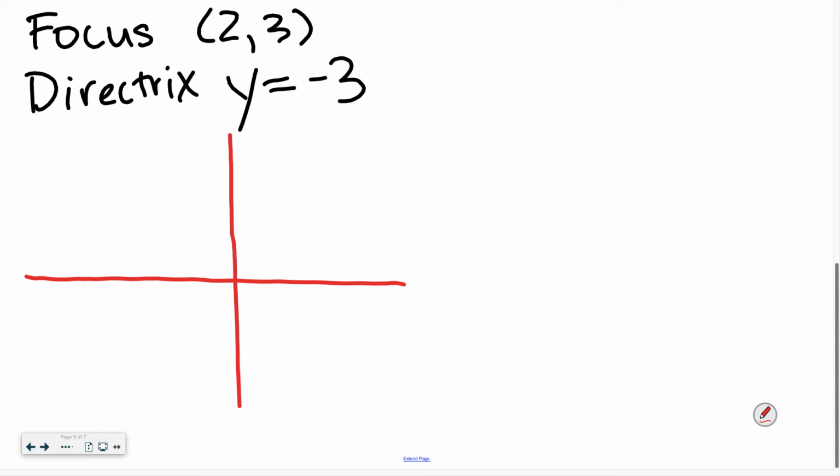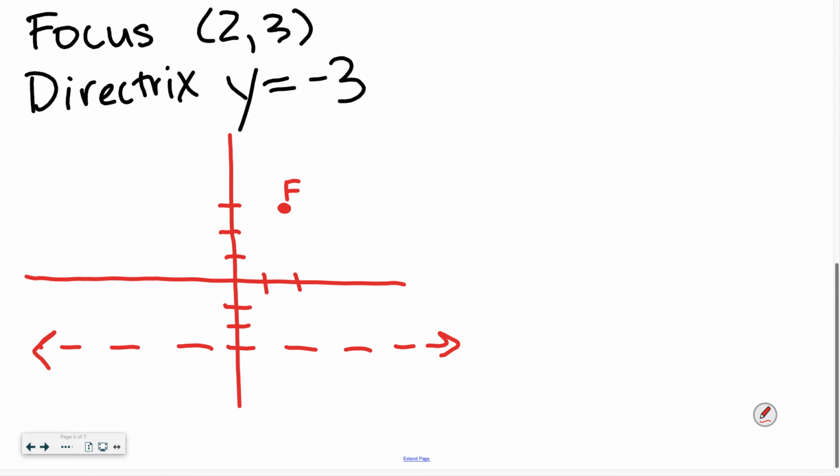Okay. So at (2, 3), and this is why I suggest you make those little labels of V or F so you know which one is which. So we have a focus here and our directrix here.